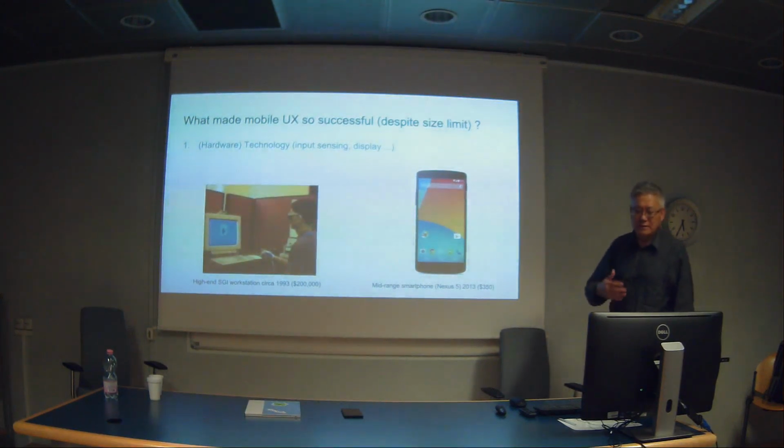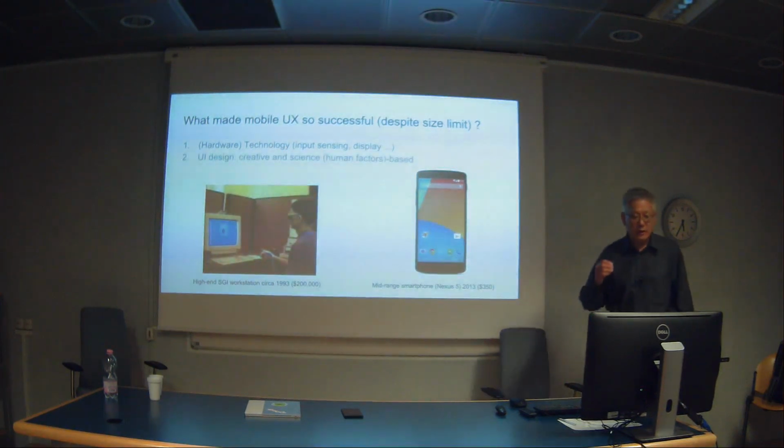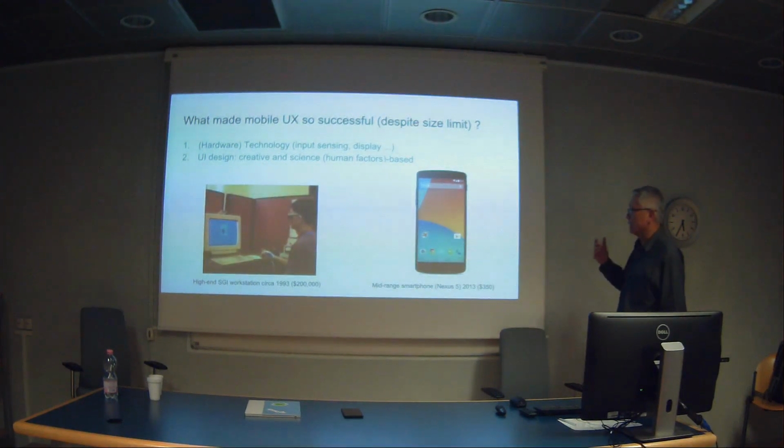That's the number one reason that we could do so much more. But there's also a lot of UI design work and software development, a lot of creativity, and a lot of human factors or scientifically based principles that went into UI design that helped. And I'm going to illustrate some of that.